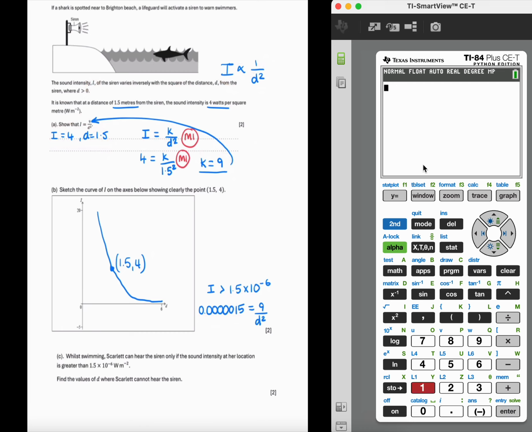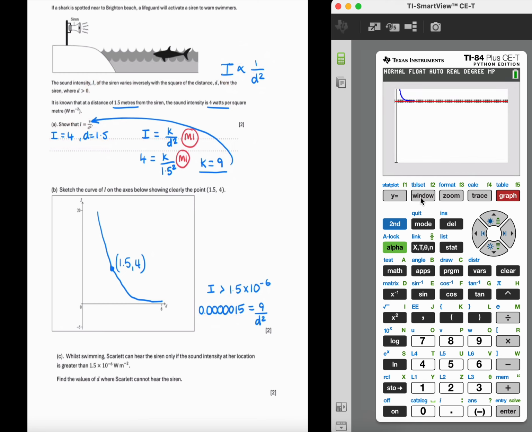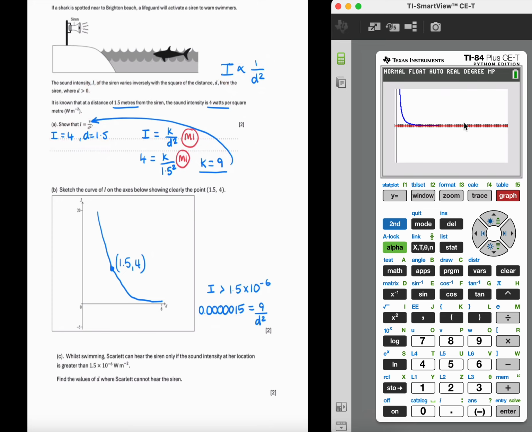So in that case, I'm going to go back to my window and change this to, let's try 100. And because of that, let's change the y scale to be 1. The reason I've changed my y scale is because clearly I'm looking for this value of 0.0000015, in which case I don't need to be looking too large.